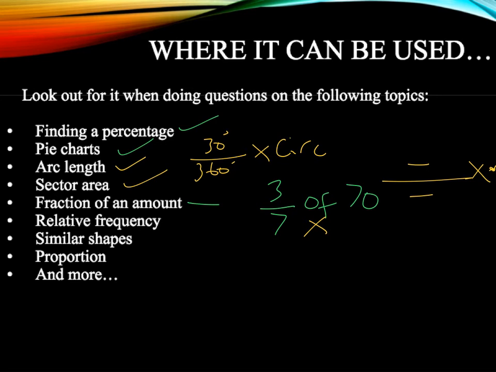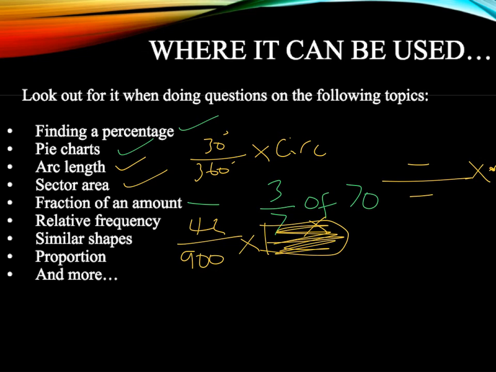Relative frequency, well, whatever the thing is that you found the probability for, whatever this experimental probability is. Again, let's say we've got 42 out of 900, and you're multiplying it by however many things you've got in your new sample. It's coming here. It's the same thing. Similar shapes, proportion. It's exactly the same.